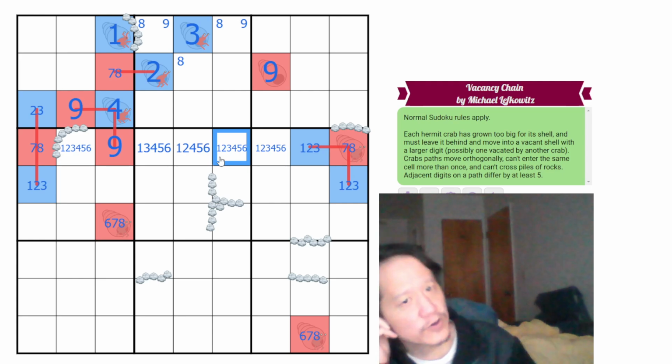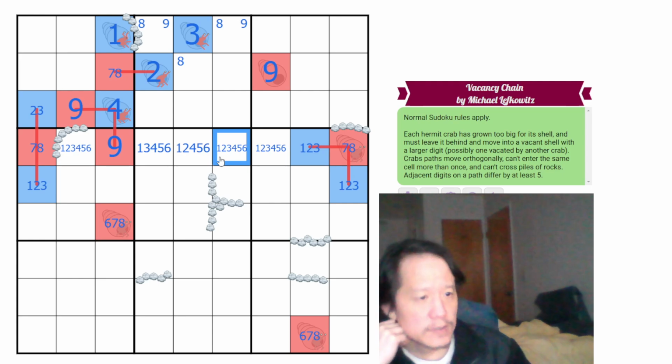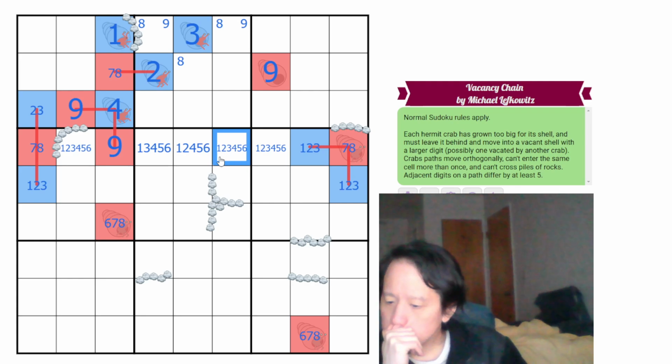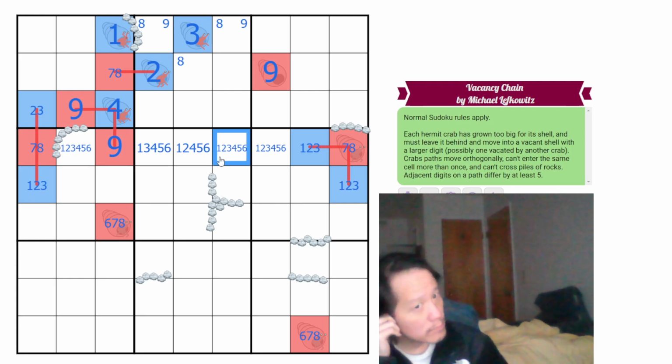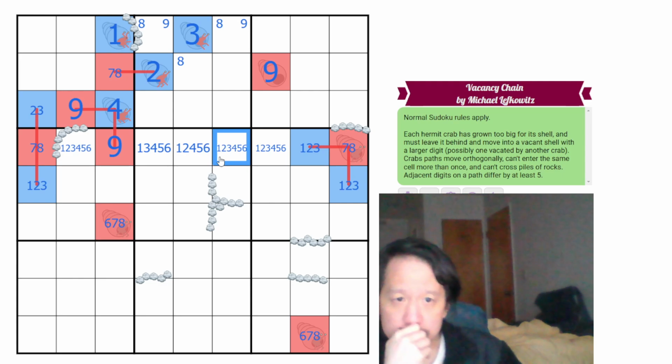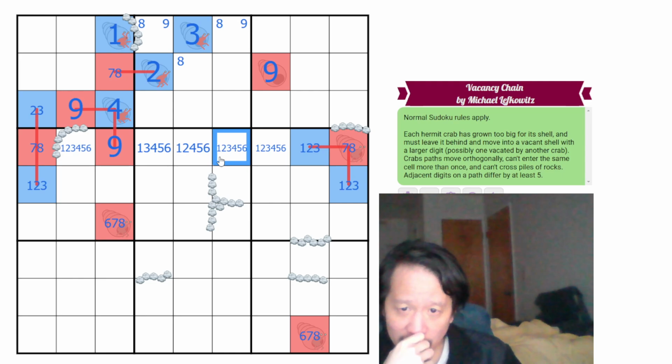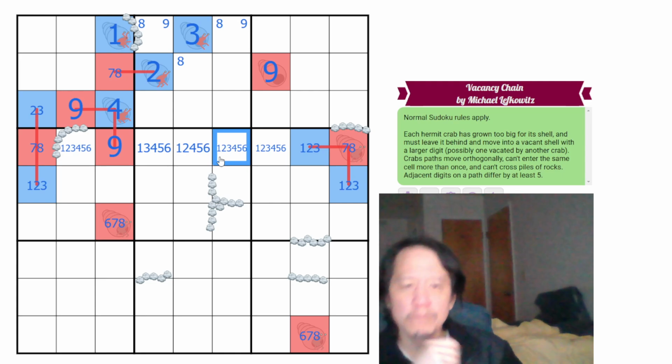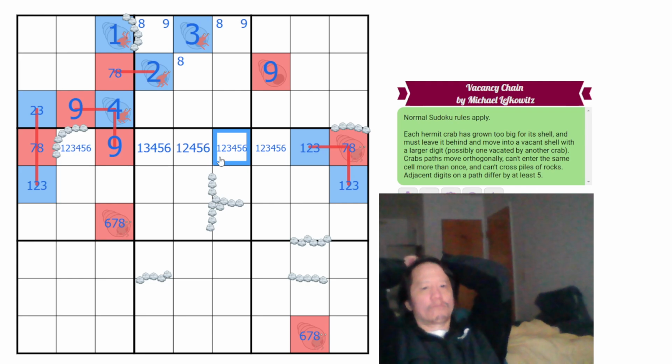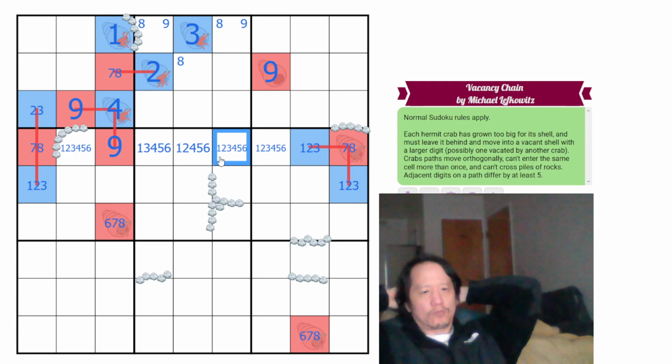Which doesn't tell us very much. 7, 8. 1, 2, 3.